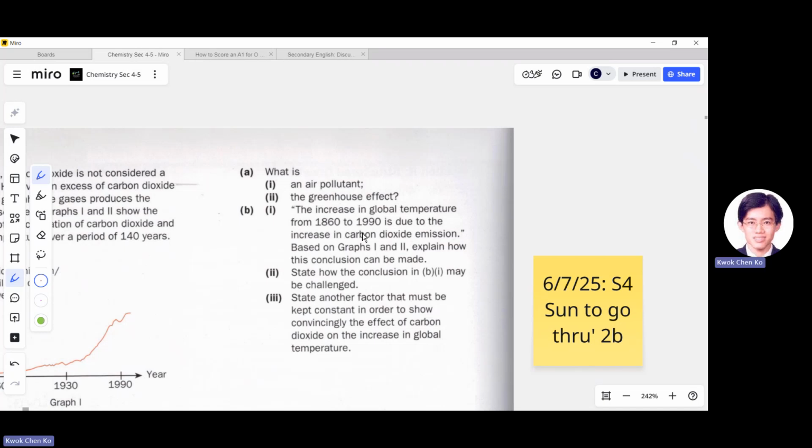Okay, I think that's fine. All right. Let me use her words: unwanted and harmful substance introduced into air.